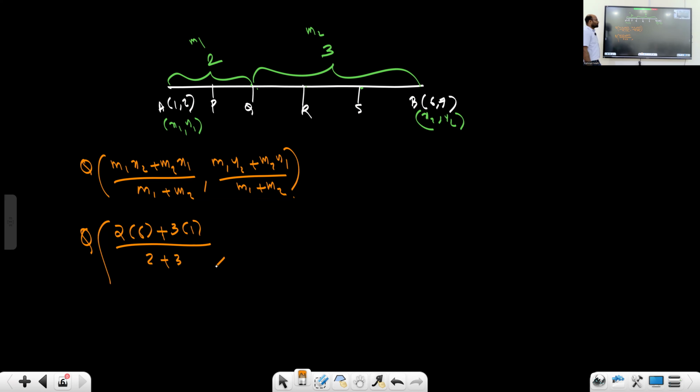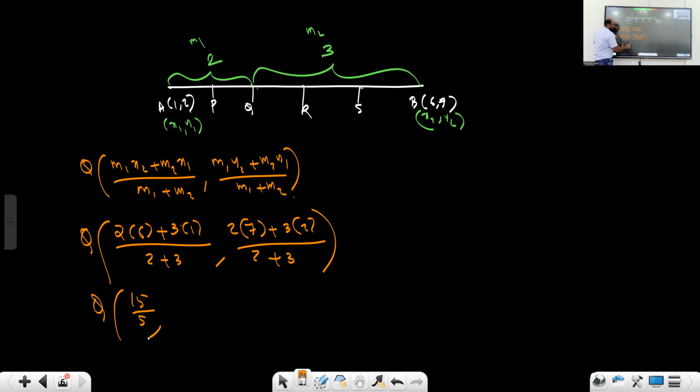Tell me the second part: 7 plus, by 2 plus 3. Everyone, please complete it. 12 plus 3, 15 by 5. 14 plus 6, that is 20 by 5. So we got the Q coordinate as (3, 4).